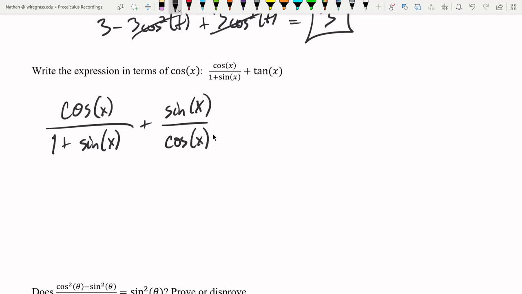So I see that I have 2 fractions. Typically, we don't like to have fractions with the addition. Let's combine them into 1 fraction. We'll do that by getting common denominators. Okay, this one needs a 1 plus sine x.